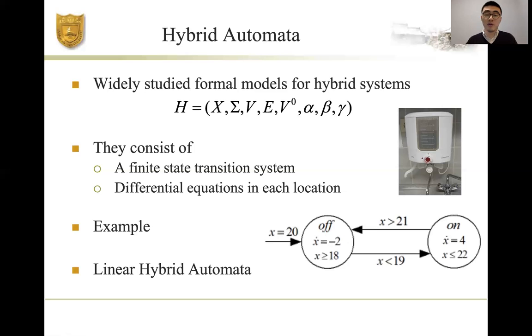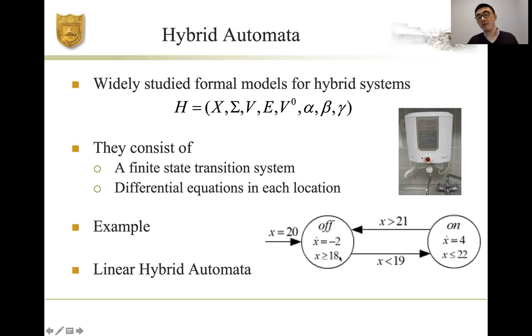Okay, you may also notice here, in the off location, we have an expression that says x should be larger than or equal to 18, because of the invariant. It means if you want to stay in this location, in off, then the value of x should satisfy this constraint. It's called an invariant.